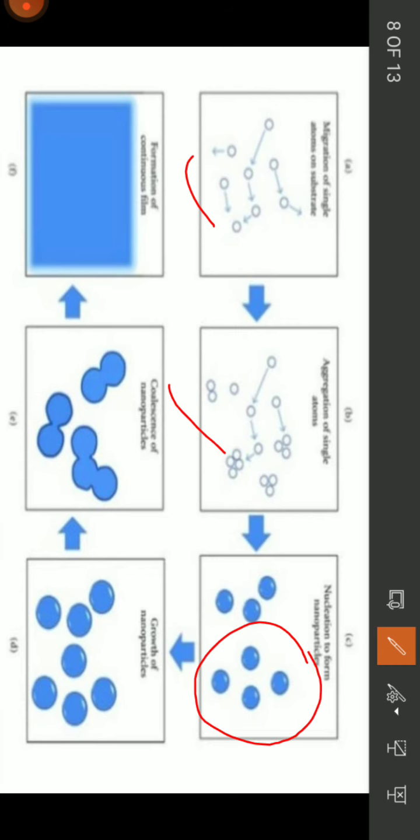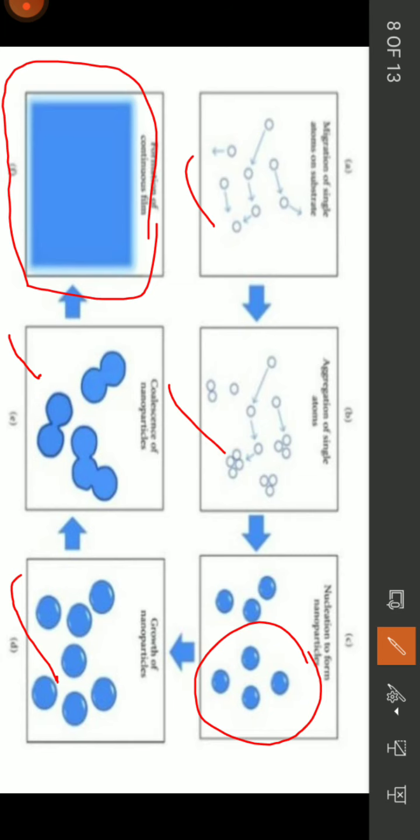Here the nanoparticles are formed by the nucleation of atoms. Then after the nanoparticles are formed, the growth of nanoparticles is taking place by an agglomeration of nanoparticles at last. And in the last process, after the agglomeration, the thin film is obtained at the substrate.